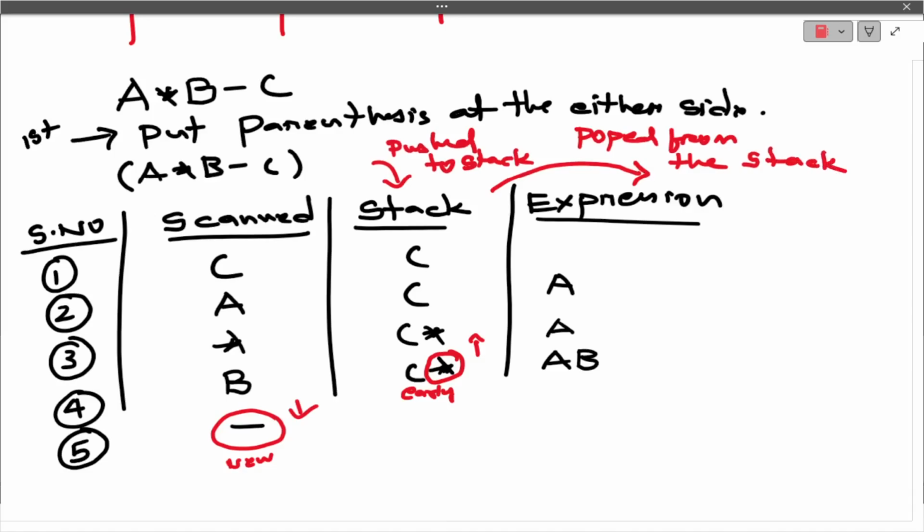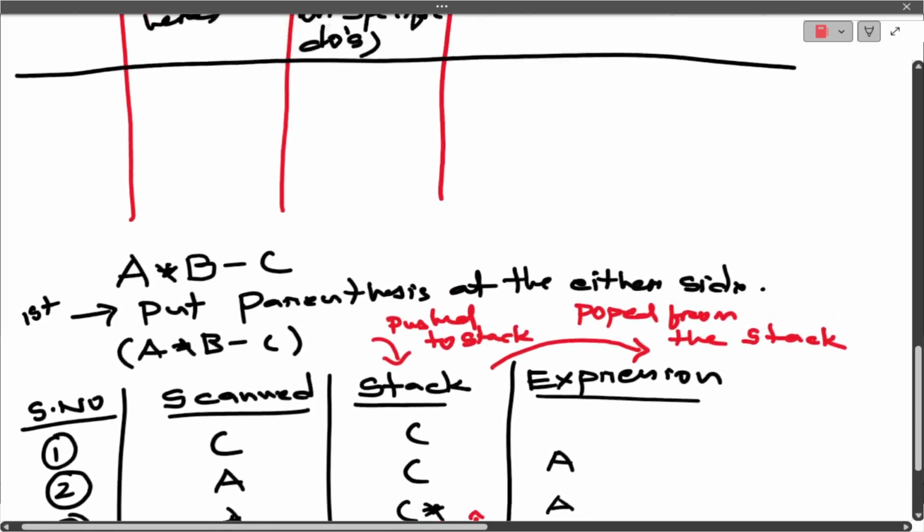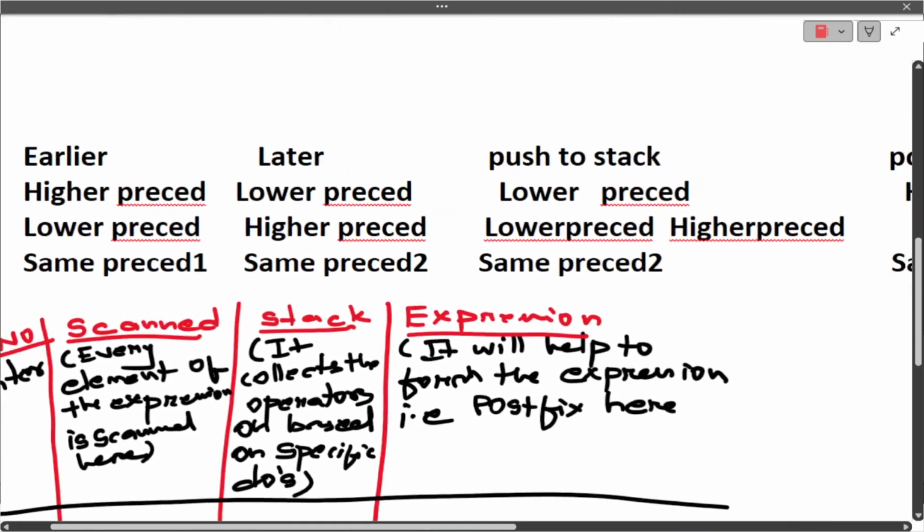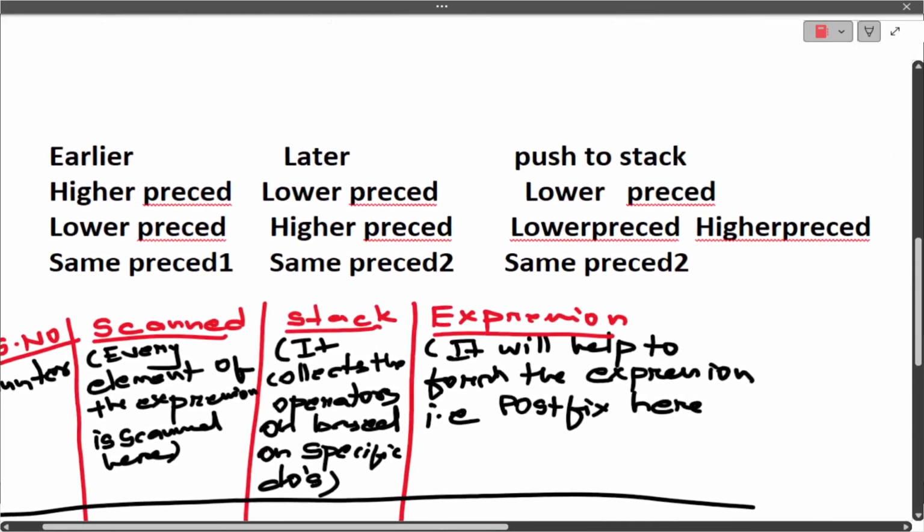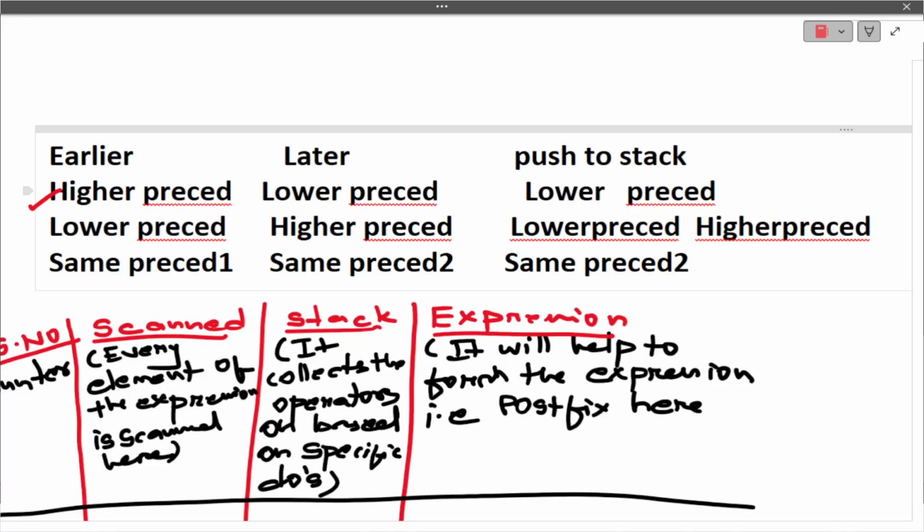In my earlier stage I was having higher precedence, but later on the new one is lower precedence as compared to the asterisk one. Now let's follow the table that I have written. See, early, later I have written. Now you just see which of the conditions becomes true over here. Early I was having higher precedence, which is my asterisk. Later on, I got lower precedence, that is subtraction.